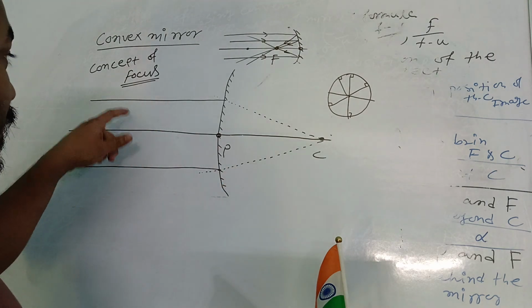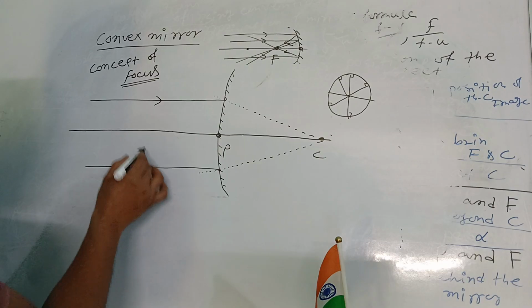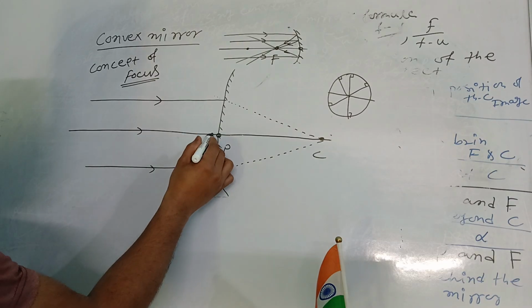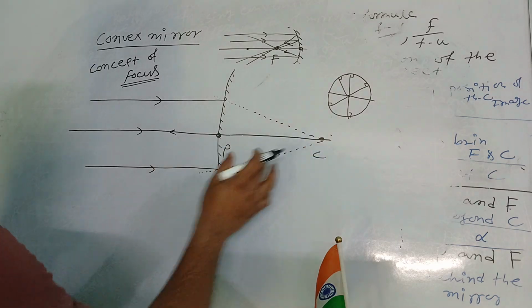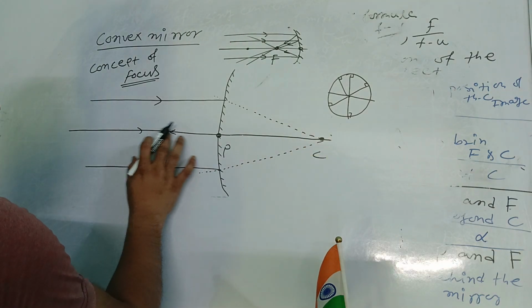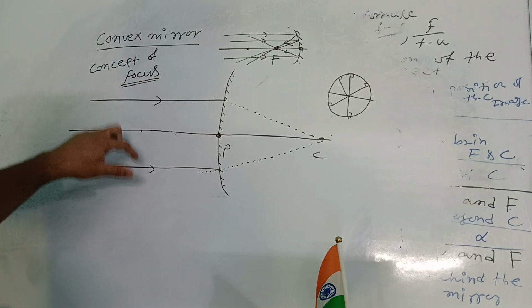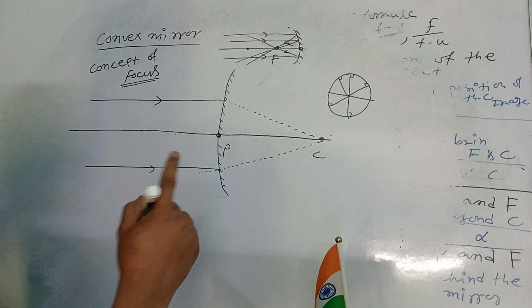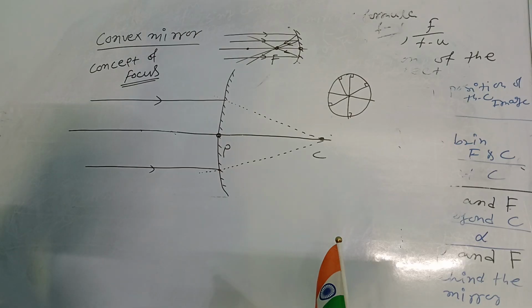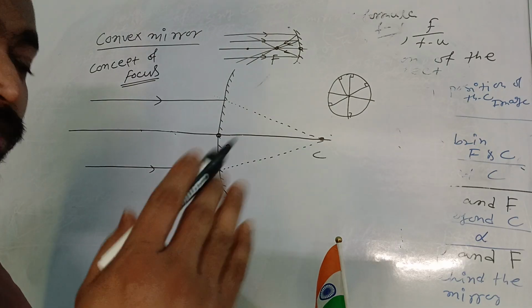This is the incident ray. It is also an incident ray. I'm taking normal incidence, so it will reflect back like this. So you can ignore these, you can take these two. So this one and that one are incident rays. The angle of incidence and angle of reflection are the same. All the angles are measured from the normal.